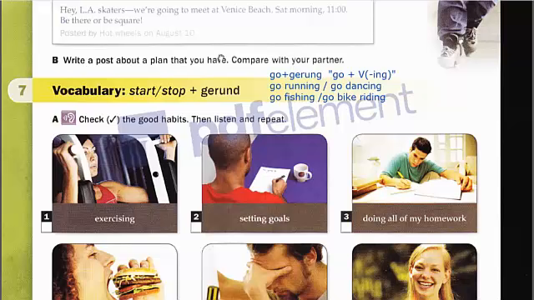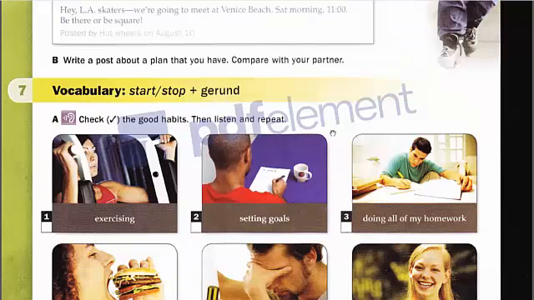Okay? Are you ready? We're going to stop here for a moment. Later we're going to talk about these two words, start and stop, plus gerund.